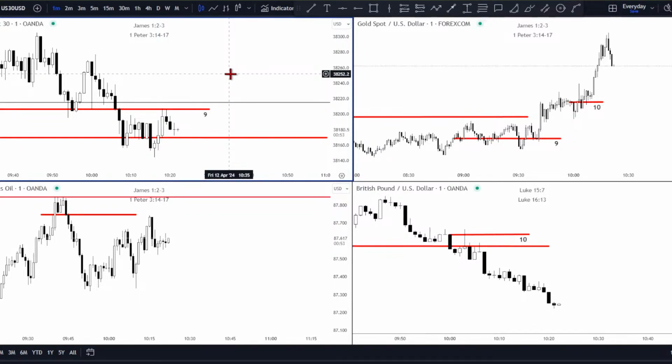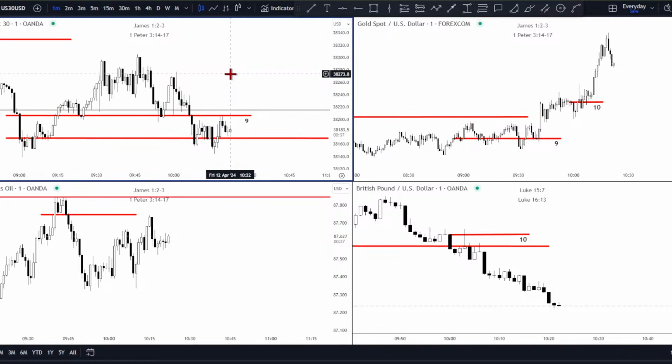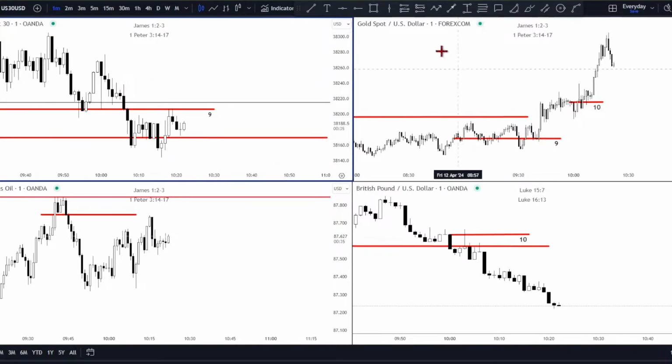I think I'm mainly focused on gold and US 30 right now, but neither of them have really convinced me in any sort of way.